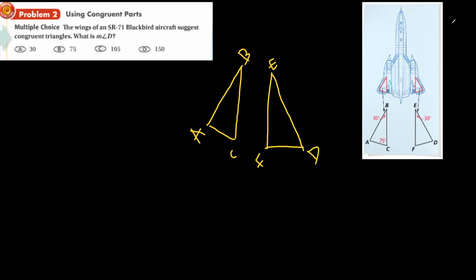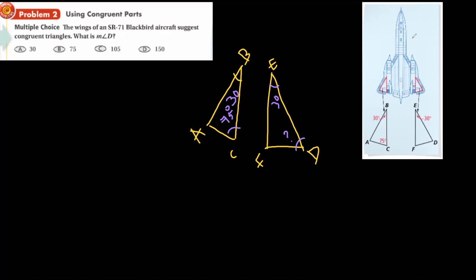He told me that this angle is 30, and this angle also is 30 because they are congruent. He told me that the angle C is 75. What about the angle D? It is also 75.